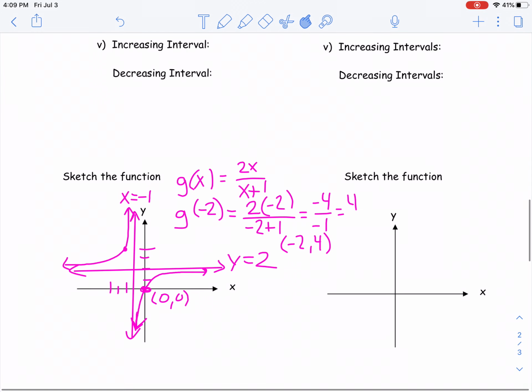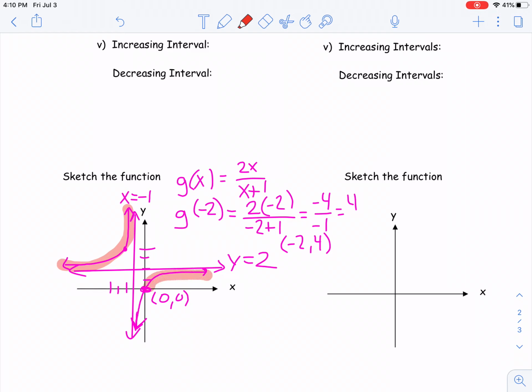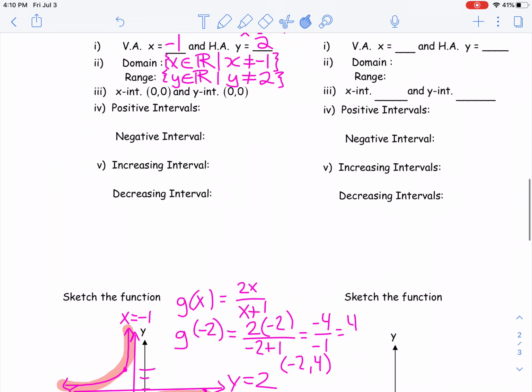Okay, so now we can talk about positive and negative. This graph is positive, or above the x-axis, for that piece, and it's also above the x-axis for this piece, so when it's greater than 0. So when it's less than -1, the way we're going to write this is to say when x is less than -1 and when x is greater than 0, that will happen.